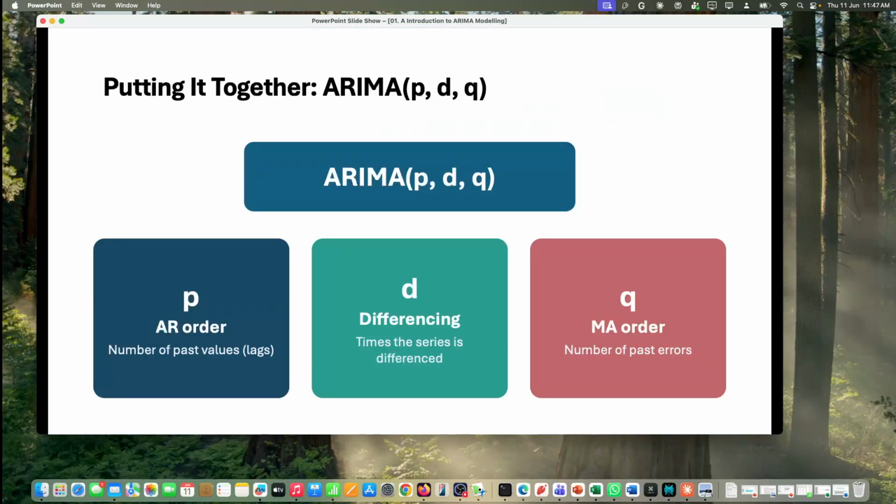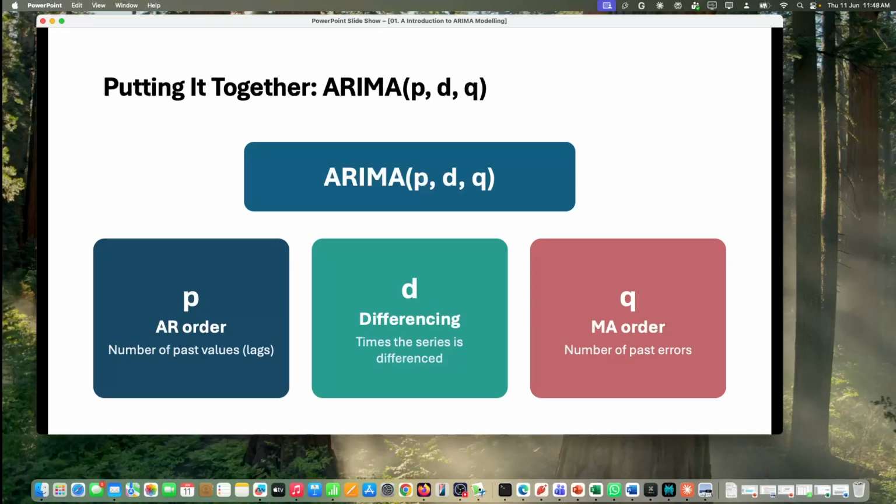Putting all together, in ARIMA(p, d, q), p is the AR order, how many past values, it can be AR1, AR2 and so on. D is differencing, which can be 1 or 2. Q is the MA order, MA1, MA2 and so on.